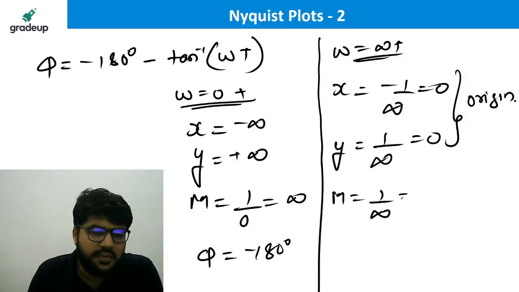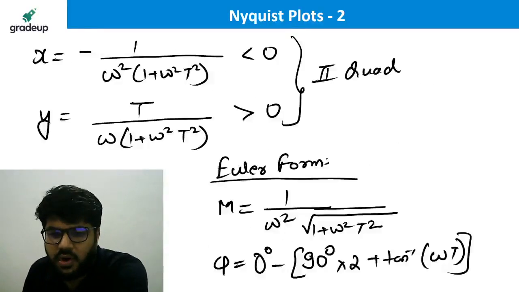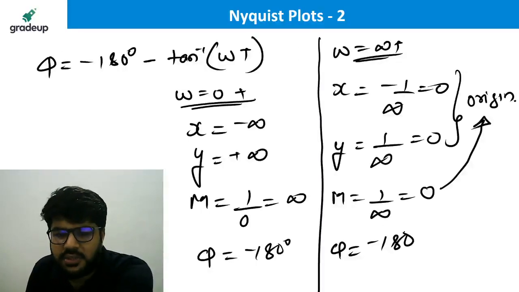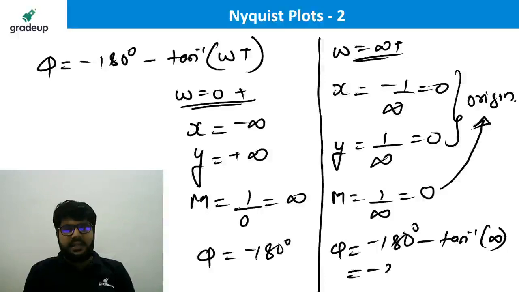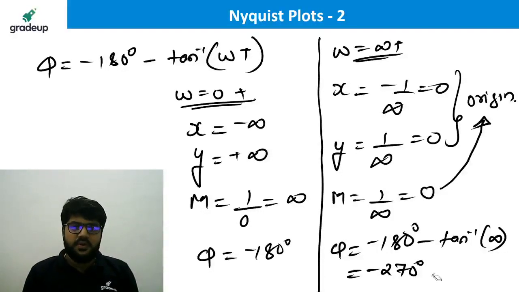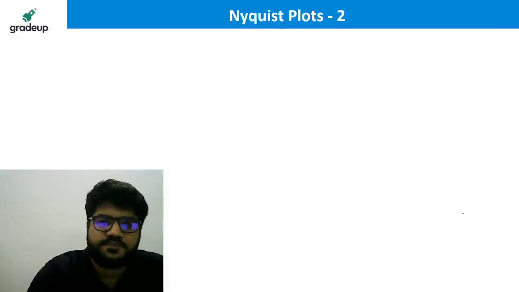Magnitude 1 upon infinity is 0, that also means origin. And phase is equal to minus 180 degree minus tan inverse omega t, with omega infinity. Tan inverse infinity is 90. So 180 and 90, minus 270 is the phase. I hope you have the same calculations.